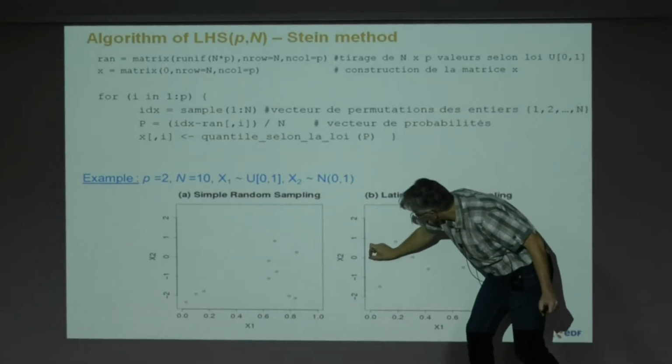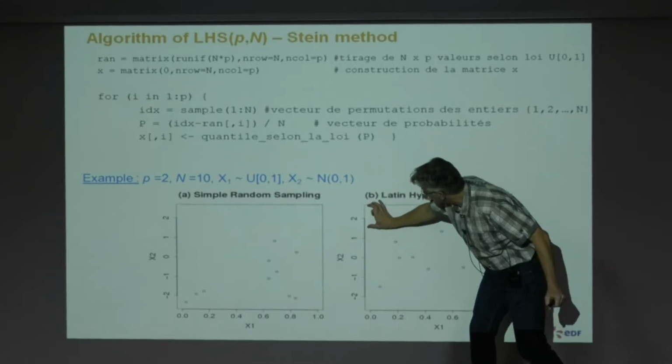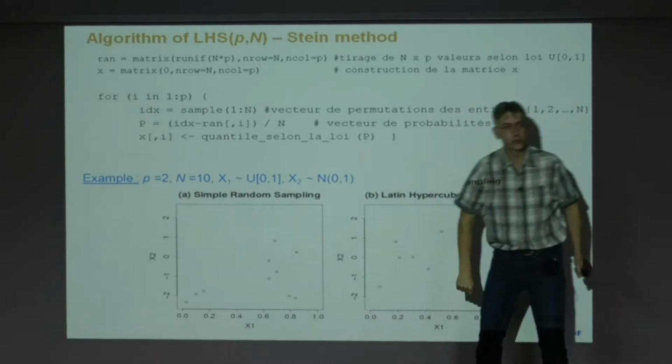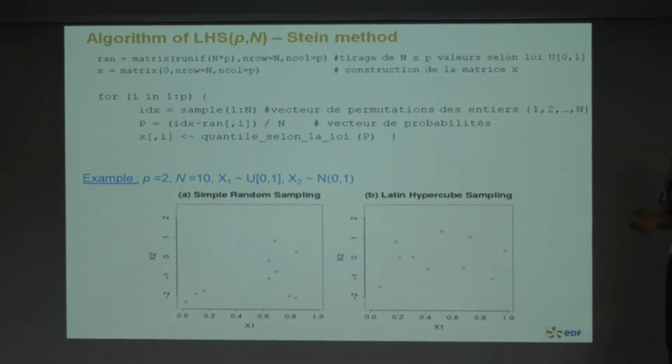So I have very concentrated strata here, and I have large strata in the tail of the distribution. So you can apply this transform to have a Latin hypercube sample which follows the probability density function of each marginal.